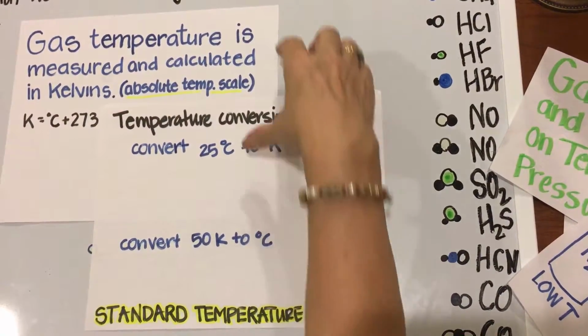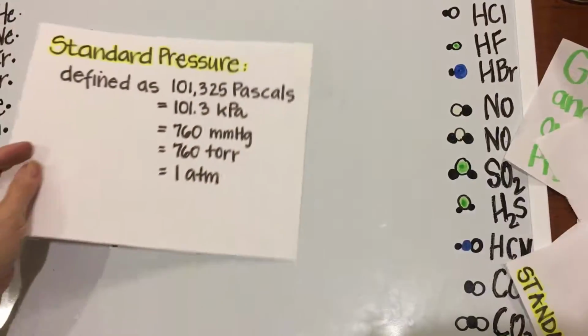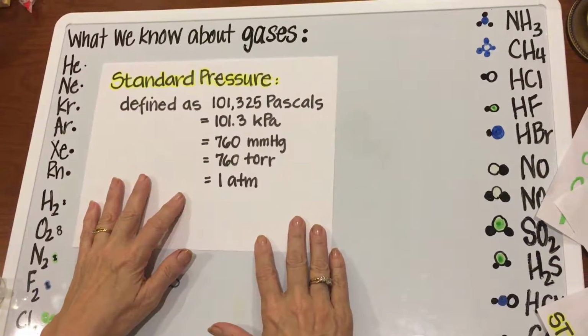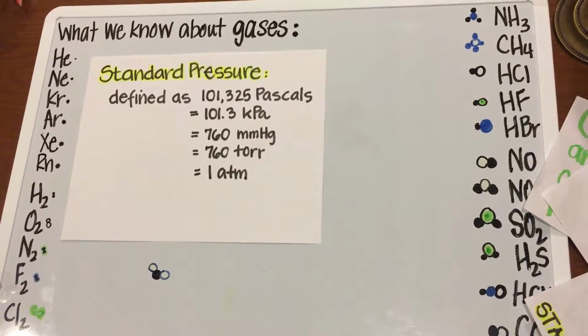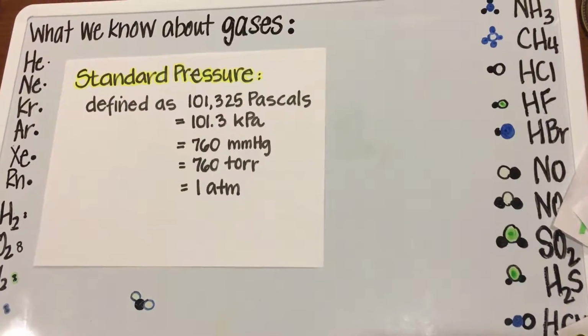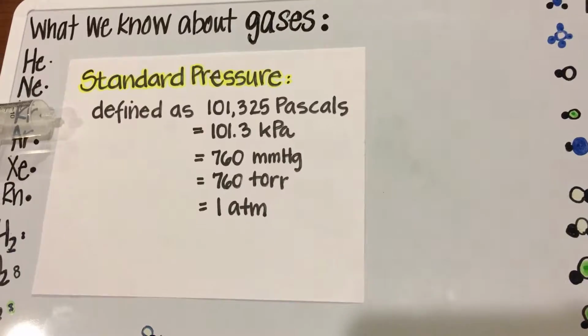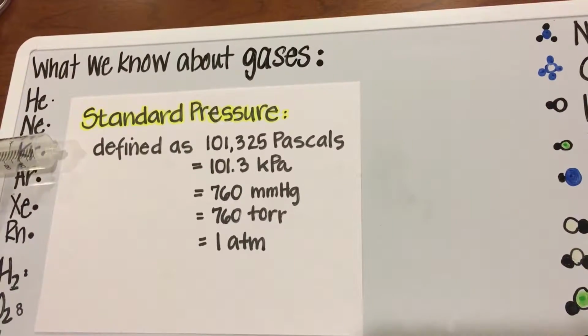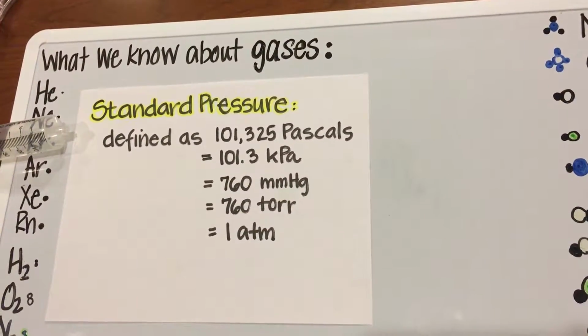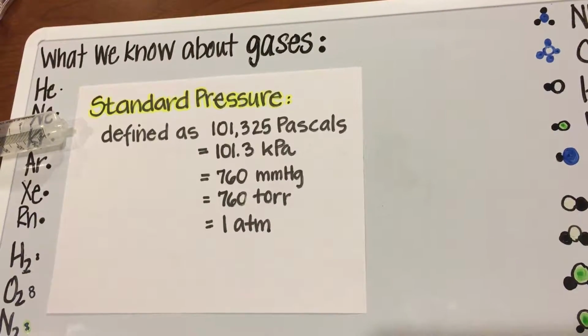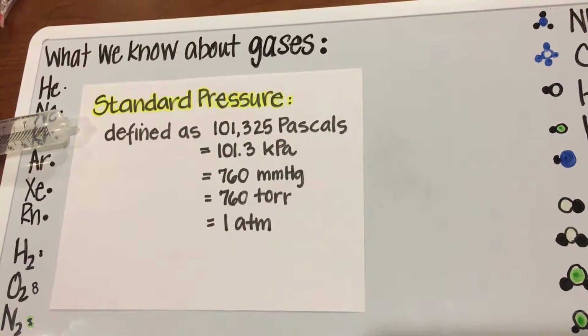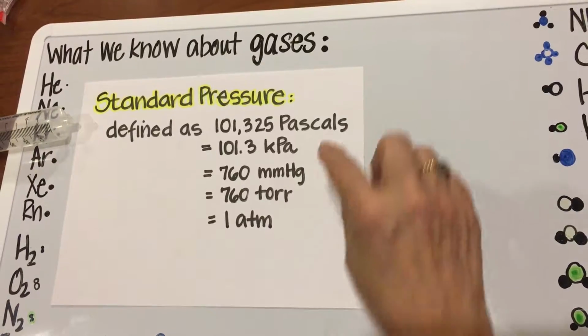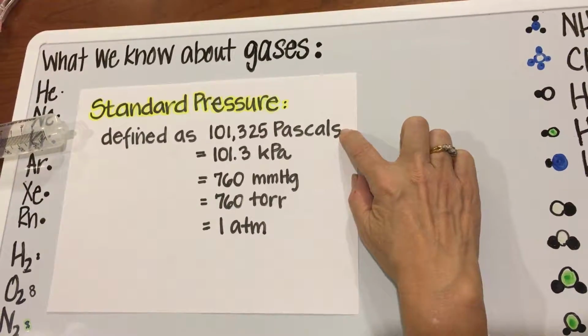We also have to talk about standard pressure. Temperature matters for gases and pressure matters for gases. So when we compare gases or when we use them in reactions, often we refer to standard pressure. The International System of Units lists Pascal as the unit of pressure.